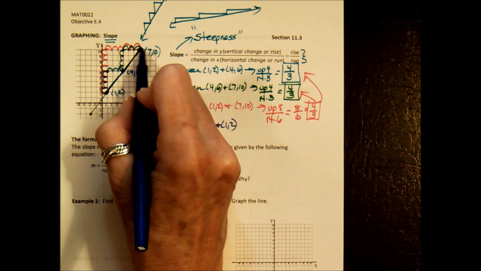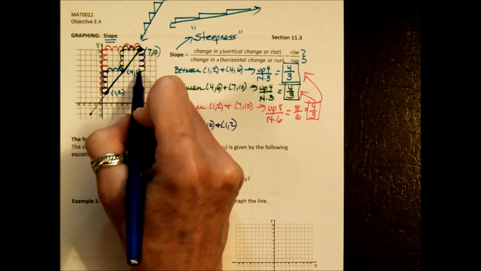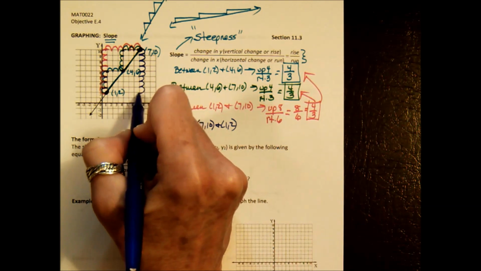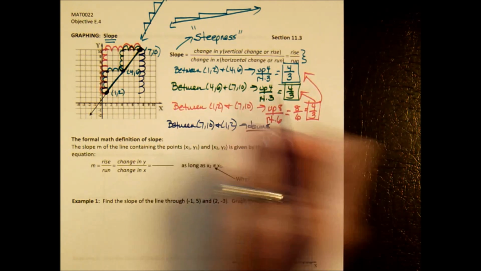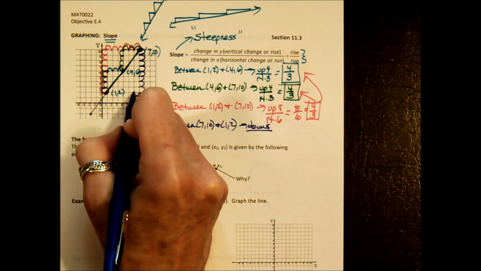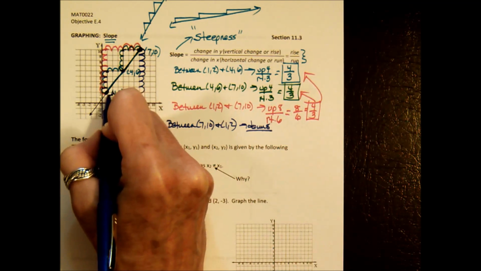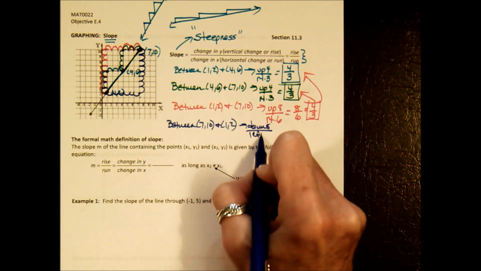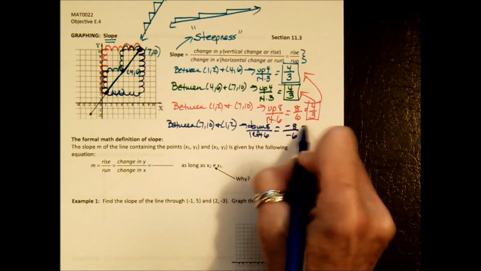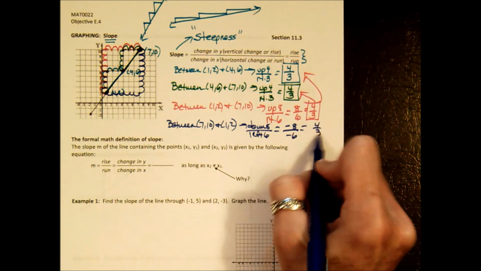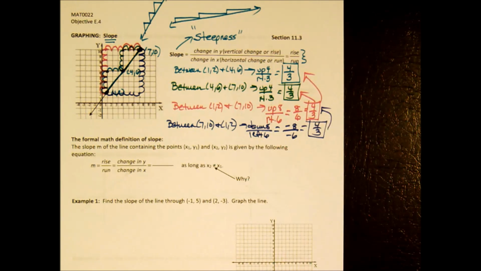So we go down 1, 2, 3, 4, 5, 6, 7, 8. So I go down 8, and then I have to go left 1, 2, 3, 4, 5, 6. I went left 6. Well, down is a negative direction, left is a negative direction, and when I simplify that, I still end up with 4/3.